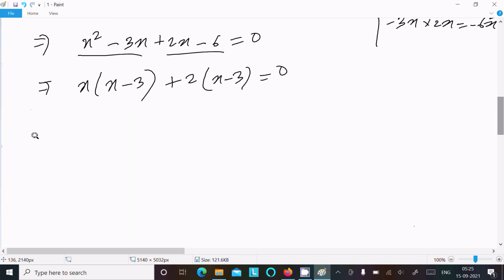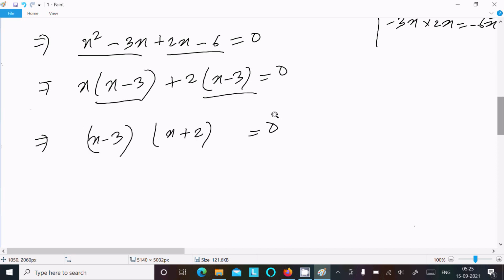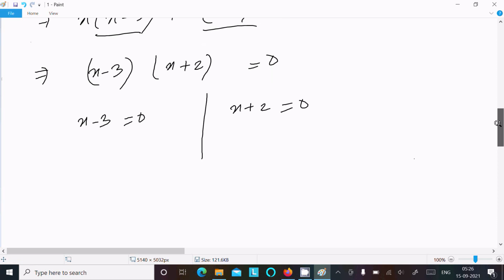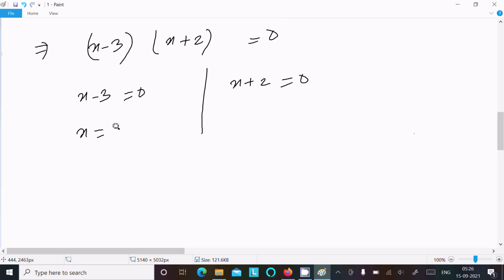Now x minus 3 is common, and here x plus 2. So here x minus 3 equals 0, and next x plus 2 equals 0. So x equals 3, x equals minus 2.